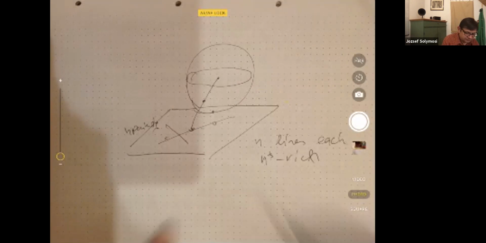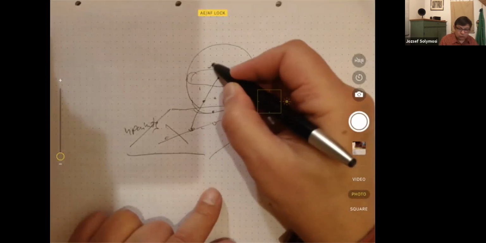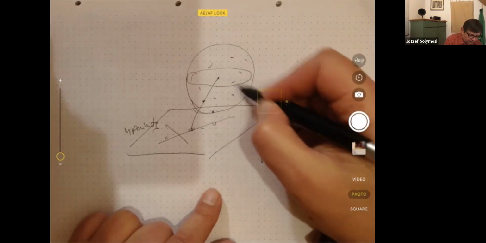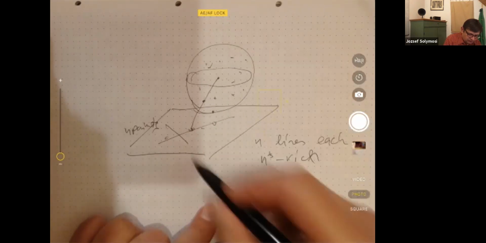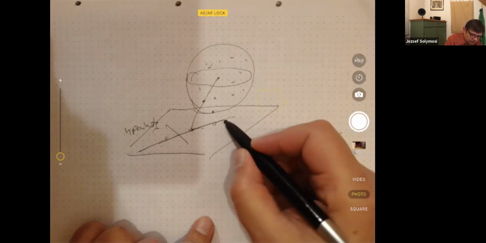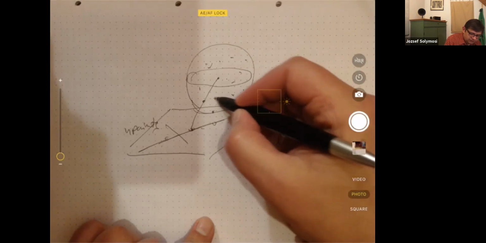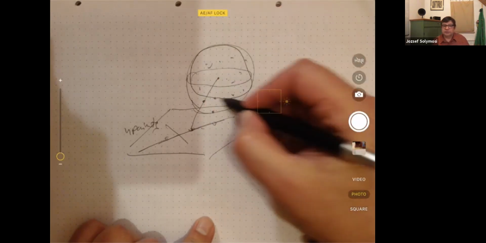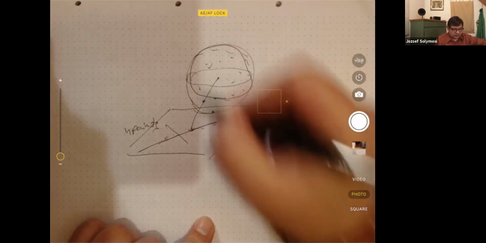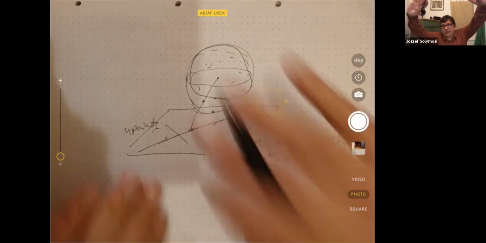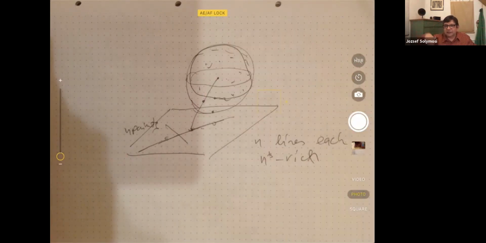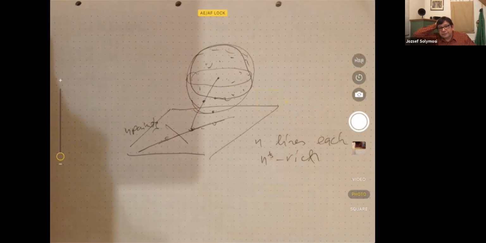Now this will be your point set on the sphere. Almost. So if you have one line here, that will give you a great circle. The points will be on a great circle, right? Because through the center, this line gives a plane cutting a great circle on the sphere. Agree?